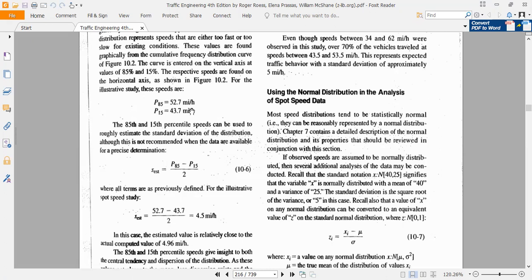The 85th percentile speed you can interpret as 52.7 mile per hour. So you can say that 85% of the vehicles are moving at this speed or less than it, or 15% of the vehicles are moving at a speed higher than 52.7 mile per hour. Similarly, you can also interpret P15 as well.